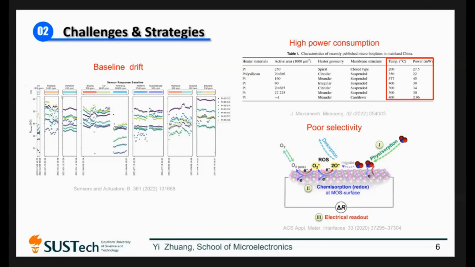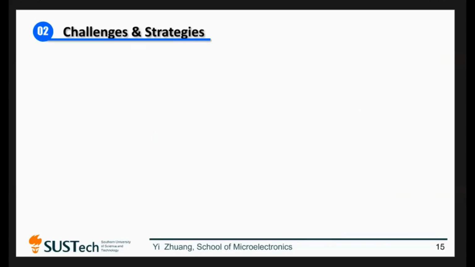Then the target gas molecules react with oxygen ions, making it challenging to distinguish between different gas types during this process. Consequently, MOS gas sensors suffer from poor selectivity.